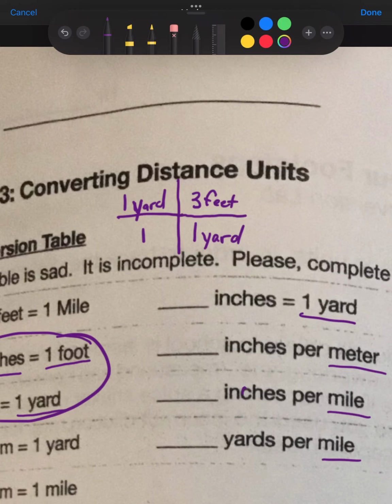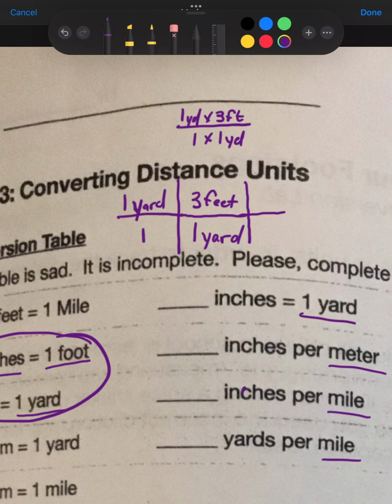So already, just so that you can see, this is 1 yard times 3 feet divided by 1 times 1 yard. So that's the fraction we've set up so far, but it's not asking for feet per yard, it's asking for inches. So now we have to add the next part of the fraction.